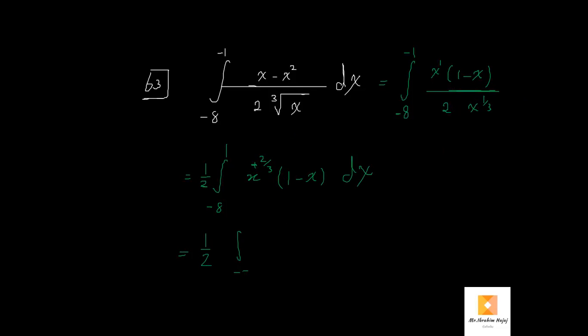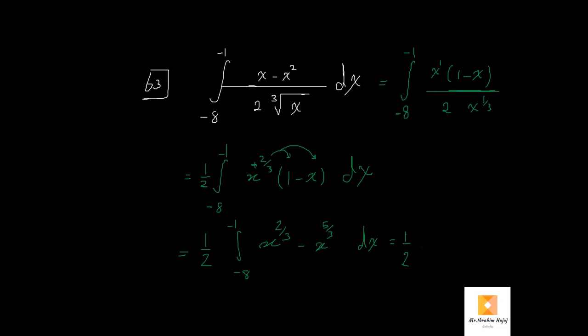Then expand, multiplying x to the power of 2 over 3. So x to the power of 2 over 3 minus x to the power of 5 over 3. Then find the integral, from negative 8 to negative 1, not to 1. Times 1 over 2.